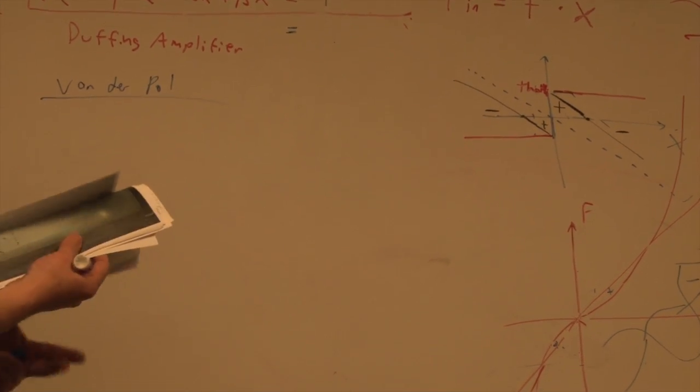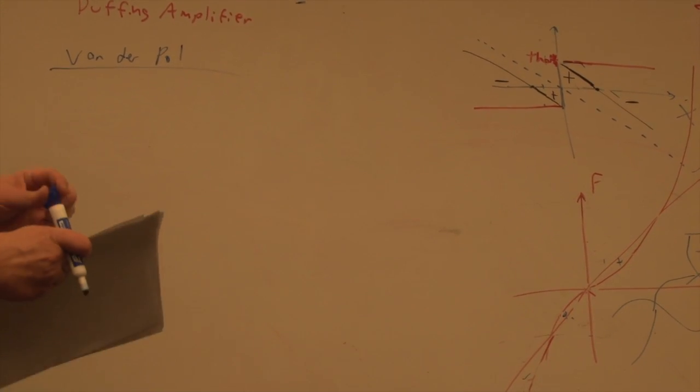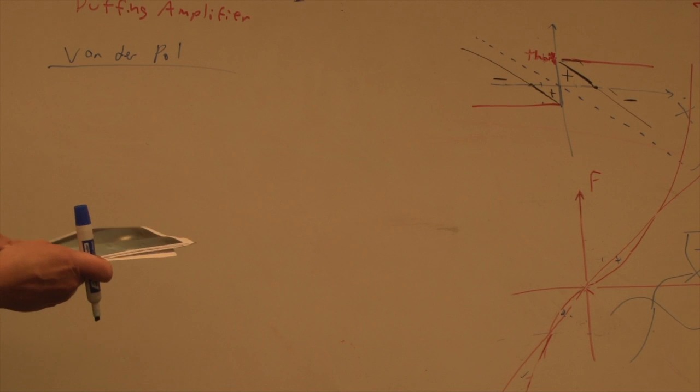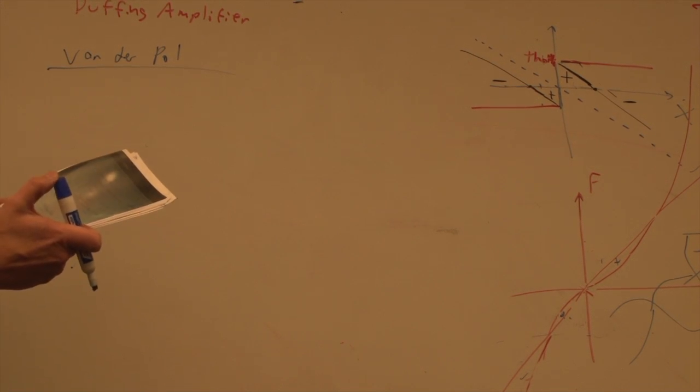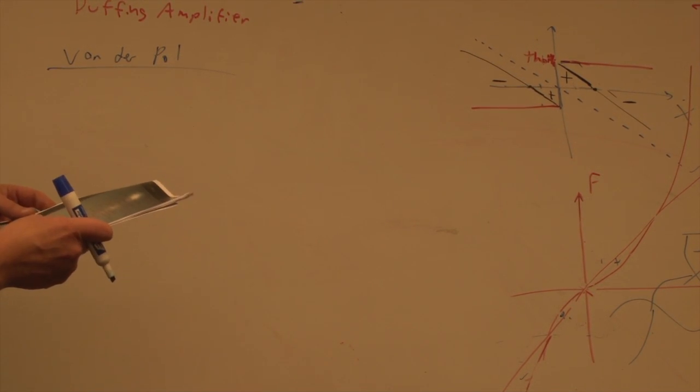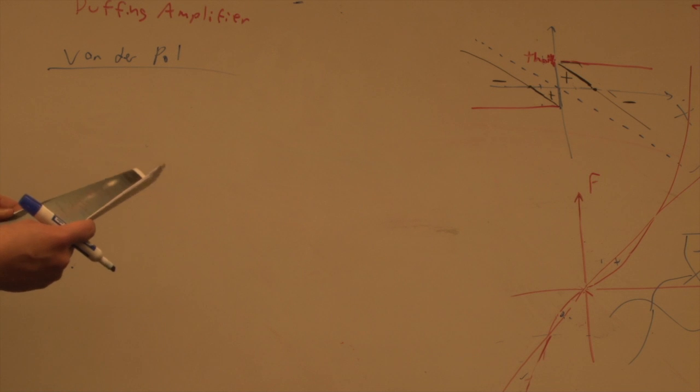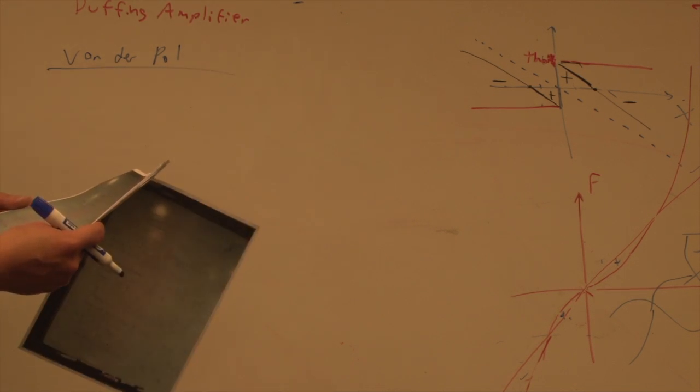Damping is nonlinear, right? The damping is a function of position. So that would rotate the whole phase plot 90 degrees, but basically you'll have the same shape.